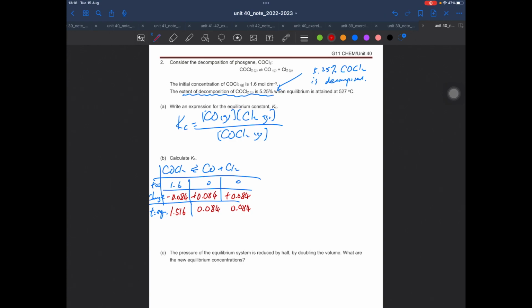Well, after calculation, 5.25% of 1.6 is 0.084.